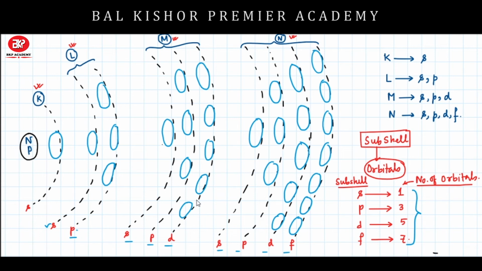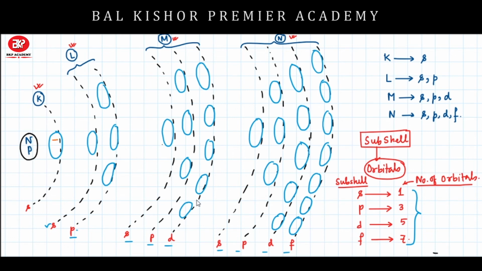Now the important thing is that every orbital has energy states. So each orbital will have two energy states. So I can write that this is one orbital.